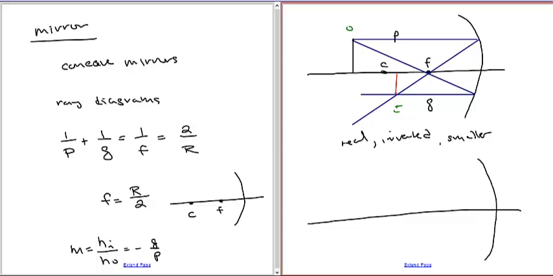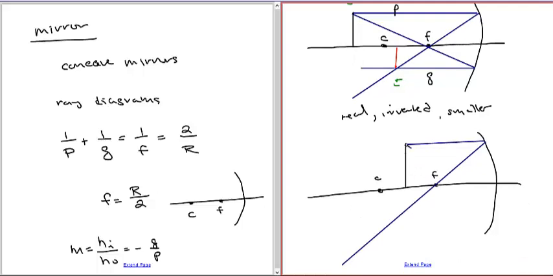The second scenario is where your object is located between the center and the focal point. So the rules still apply. Lines that are parallel to the axis of the mirror go through the focal point.